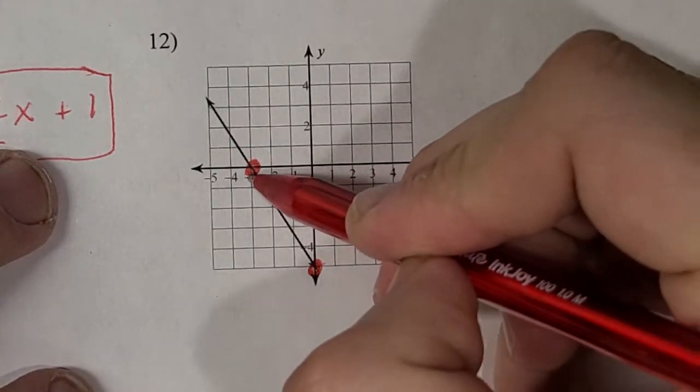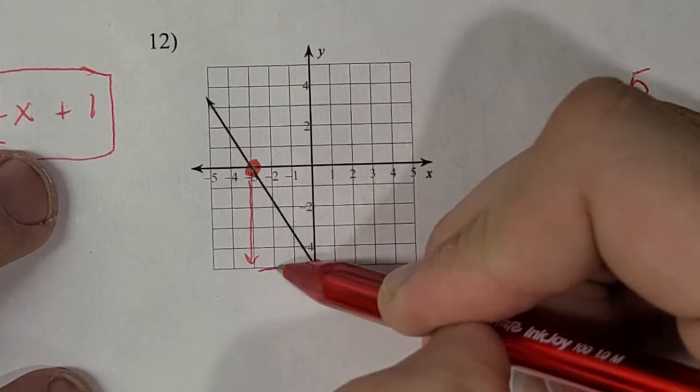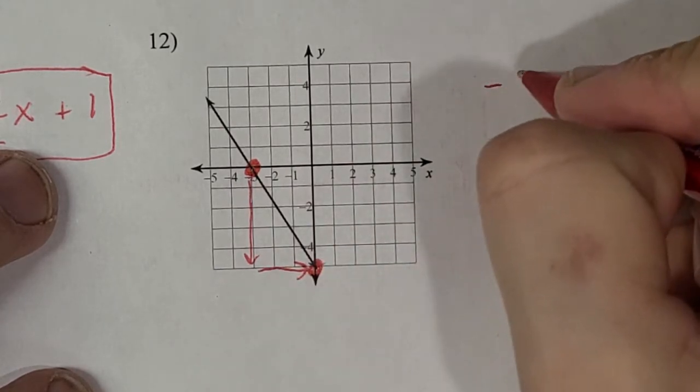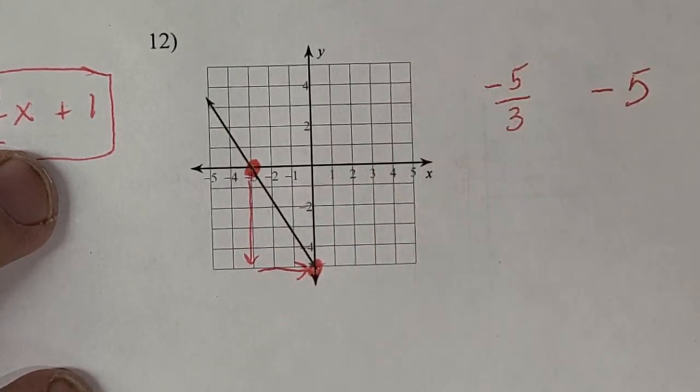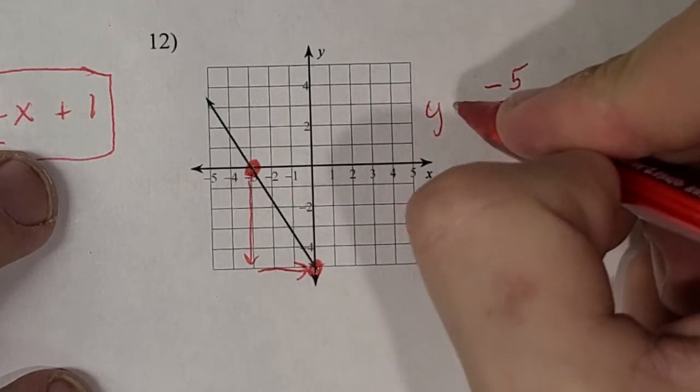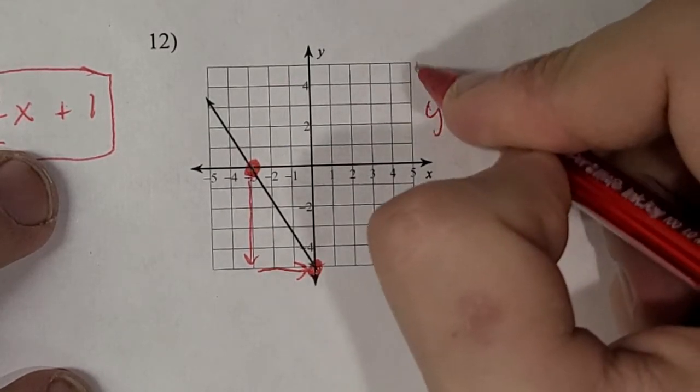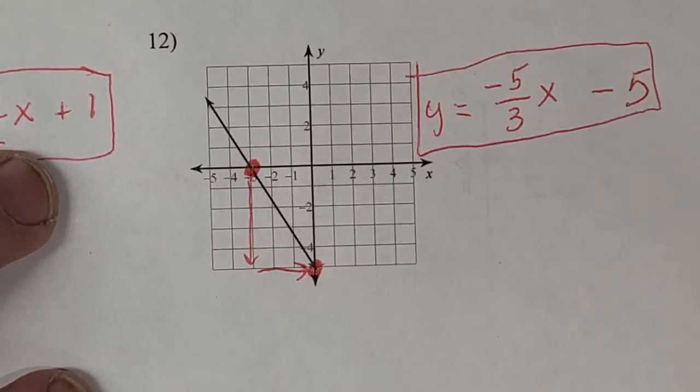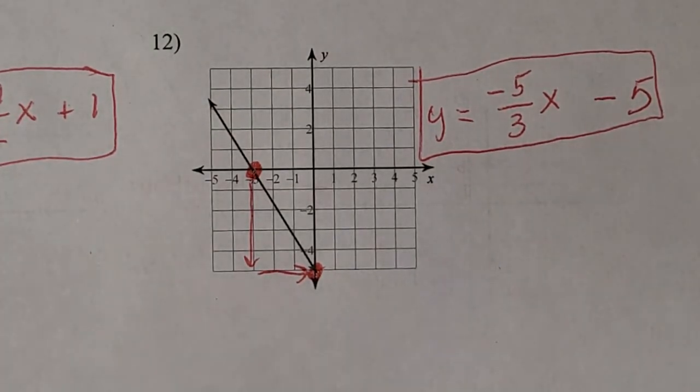So it looks like that is down 5 to the right 3, so negative 5 over positive 3. Okay, so y equals negative 5/3 x minus 5, and I'm done. That's how you go from the graph to the equation. We had been doing a lot of the reverse, given the equation and graphing, but this is going backwards.